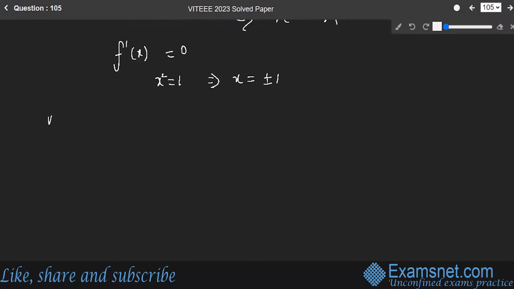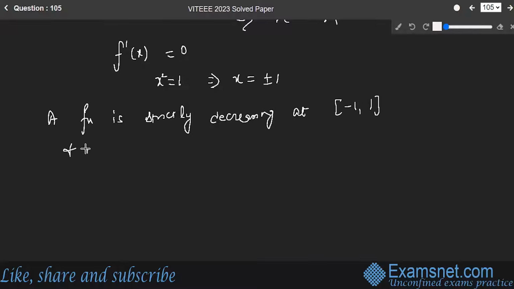Right? Now, a function is strictly decreasing between minus 1 and 1, and increasing for x less than minus 1 and x greater than 1.